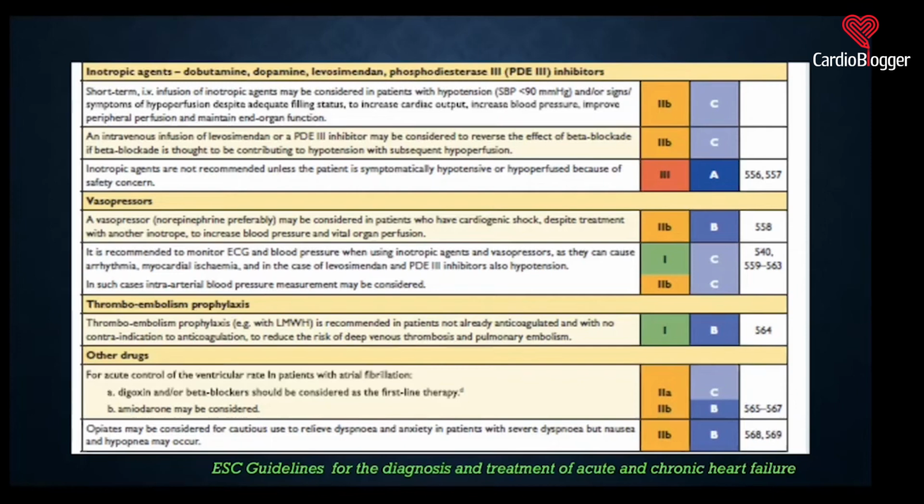You should try to give all these drugs via a central venous line, and always monitor using ECG, because they can cause arrhythmia and myocardial ischemia, and levosimendan can also cause hypotension. You should always look for any underlying cause of hypotension, and use intra-arterial blood pressure monitoring, IABP, in all such cases.